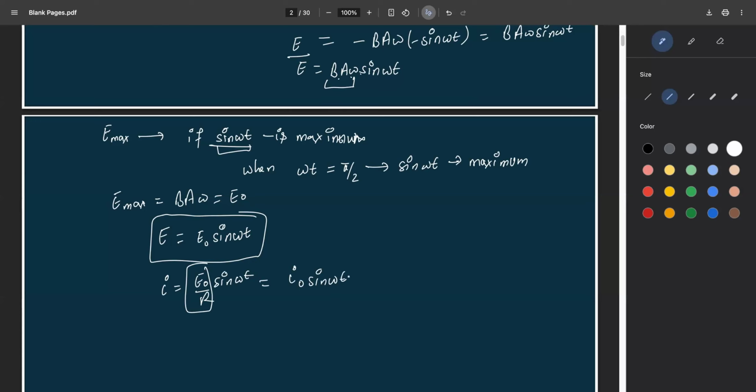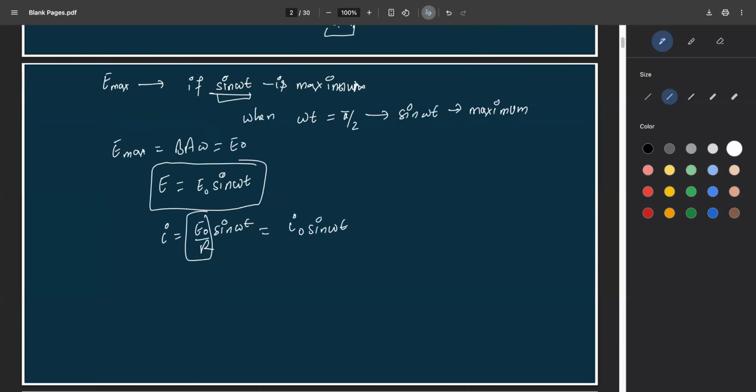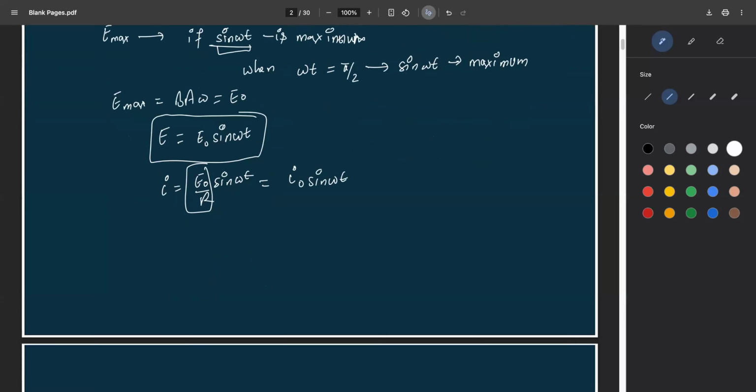Is it clear, Kirtana? We have already seen average, right? So my task right now is to calculate the average of my current, whatever my conditions are.